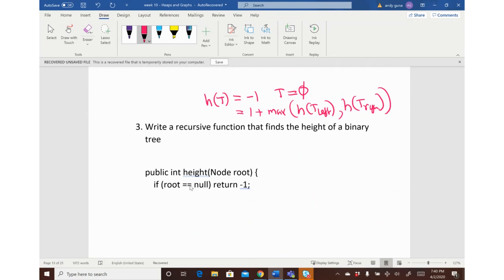Otherwise, you can return 1 plus math.max of height of root.left and height of root.right, calling the same function recursively. That's it.